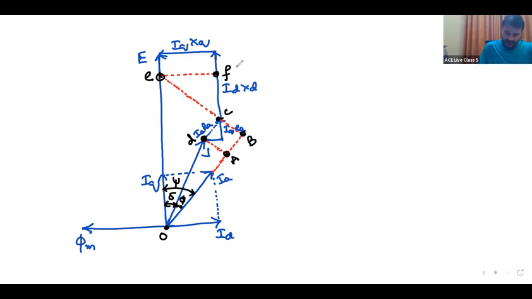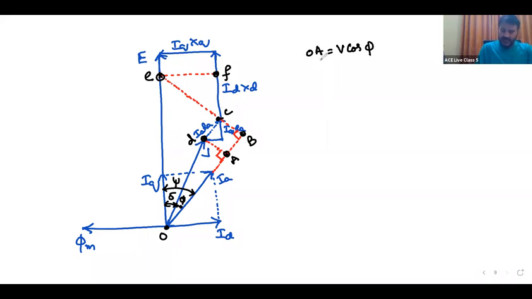But what is OA? OA is equal to V cos phi, from this right angle triangle. This is a right angle triangle, and this is also a right angle triangle. OA is equal to V cos phi.